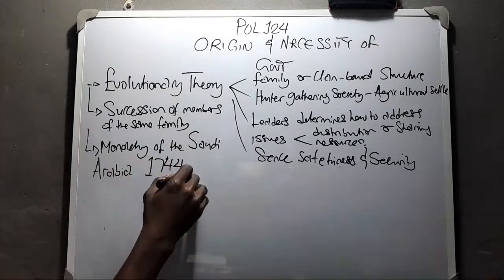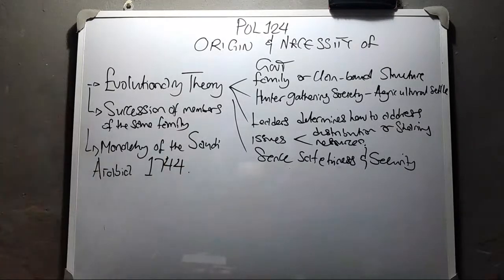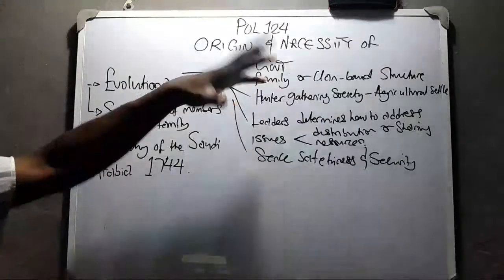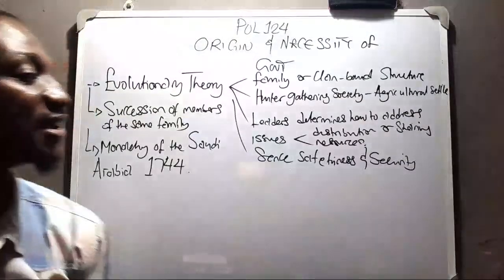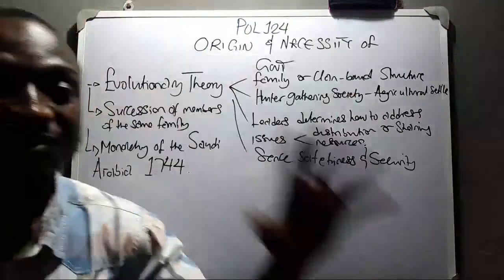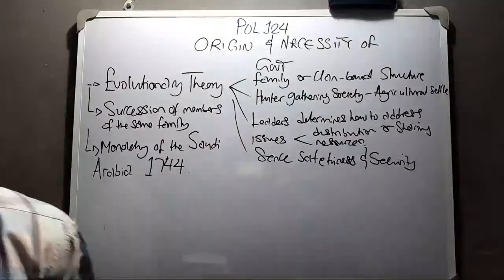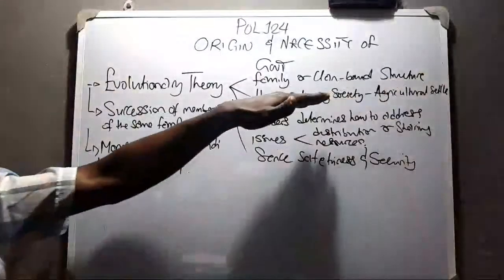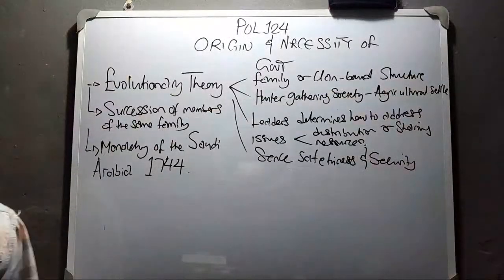Now, that is all about the evolutionary theory. We said it's a theory that explains government in the sense that government is said to have originated as a result of family or clan bound structure.